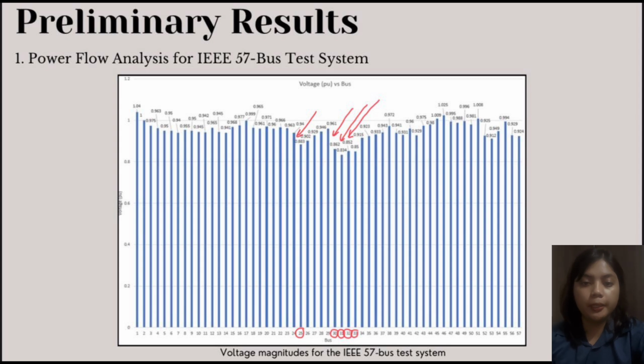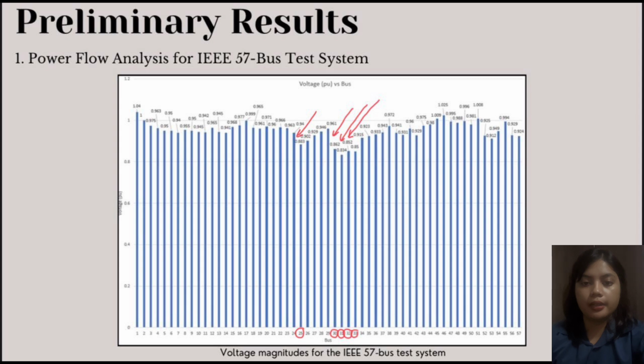This occurs because these buses are farther from the major generation source and have higher impedance. As impedance increases due to being farther from the generation source, it causes a voltage drop resulting in a lower voltage magnitude. So instead of observing the voltage magnitude, the VCPI will be calculated for all buses.